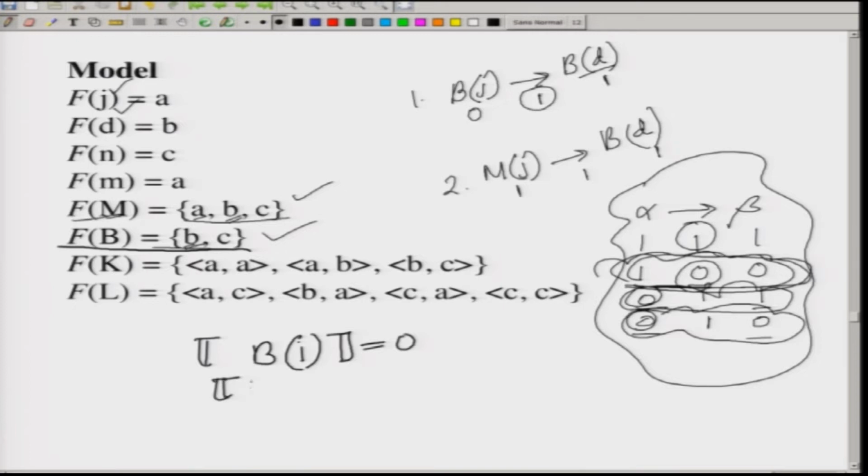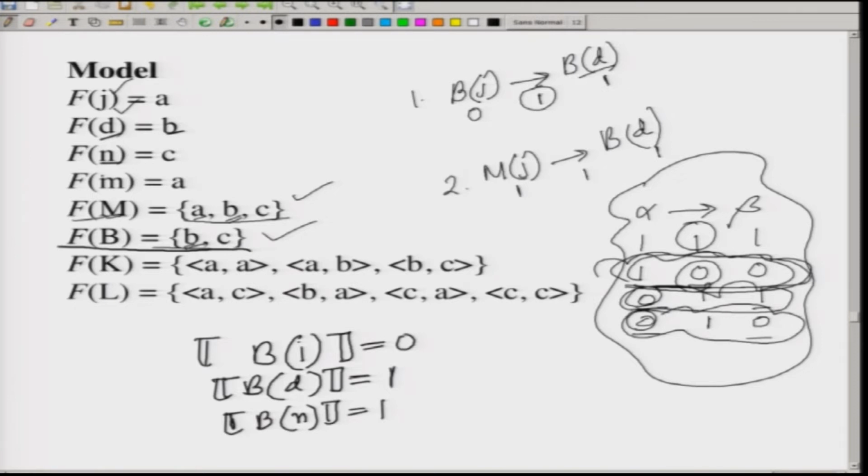And B d is actually 1 and B n is also 1, because d and n are actually b and c, which fall under the application of B, or rather B is true of d and n.